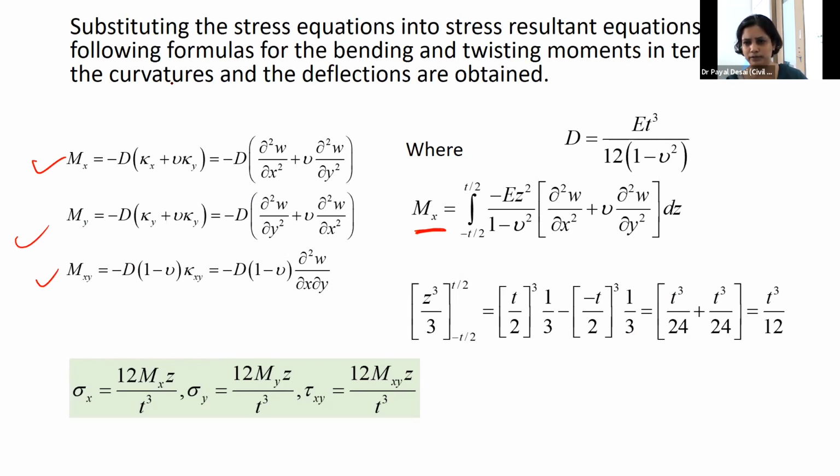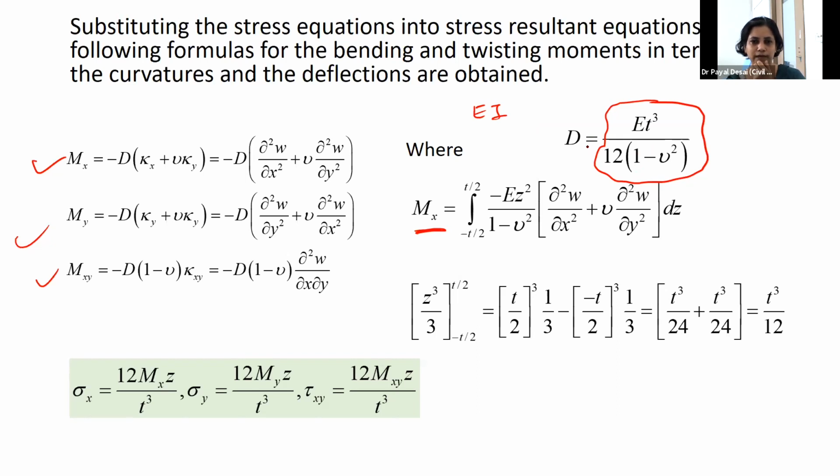I have shown one example of how to integrate this. When you integrate it, you get a term very similar to EI, that is bending stiffness, flexural stiffness. So here we are able to derive the flexural stiffness of the plate, and that is Et cube by 12 into 1 minus mu square.